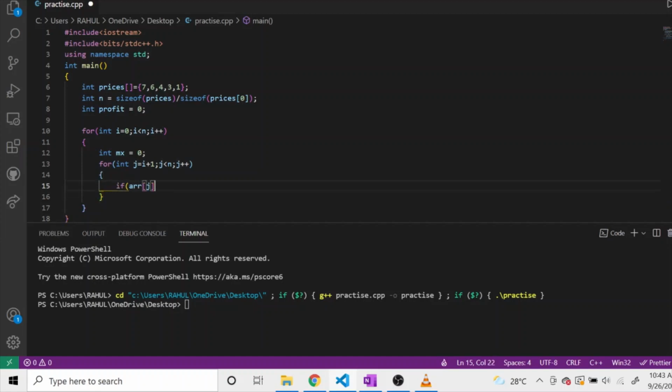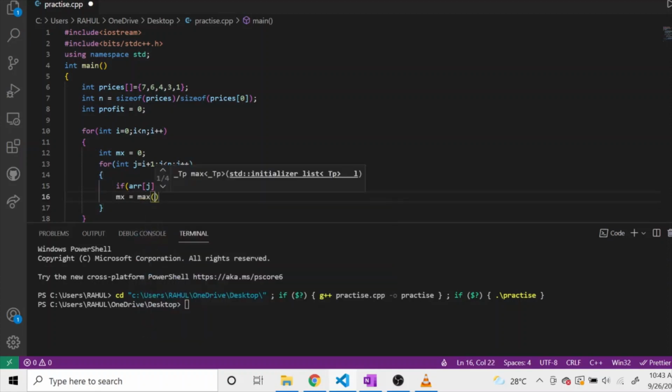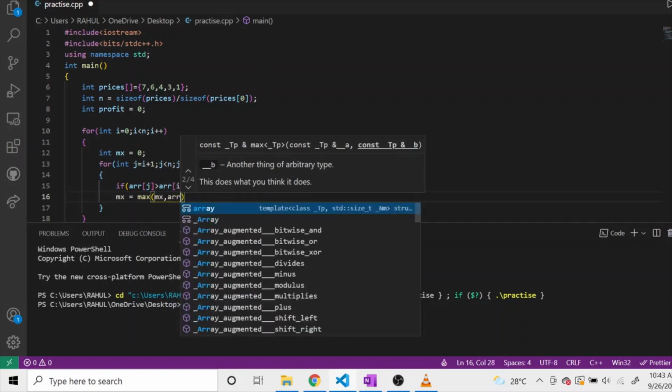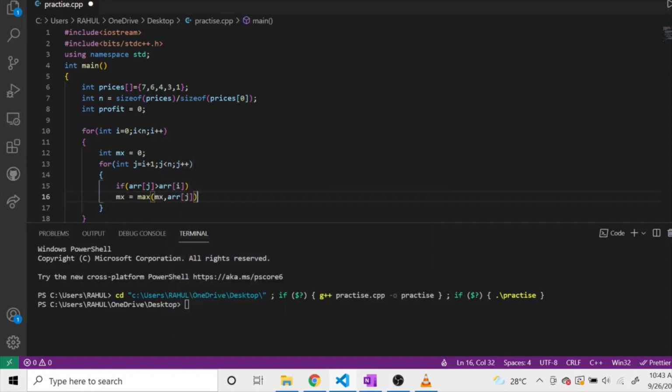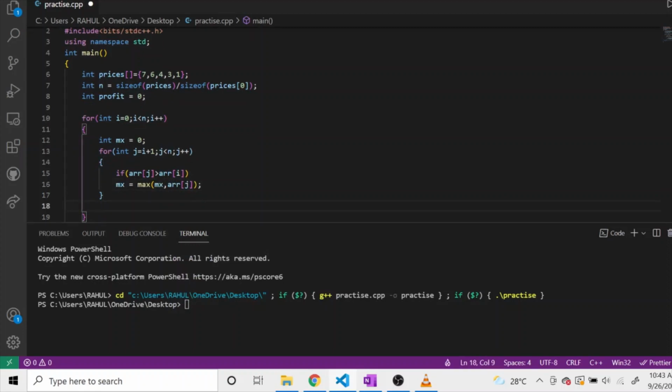What we will do is, we will update our max value. Now we have to update it so that we can calculate our profit. So for each day we have calculated the maximum value, like for day 1, for 7 our maximum will be 0 only.